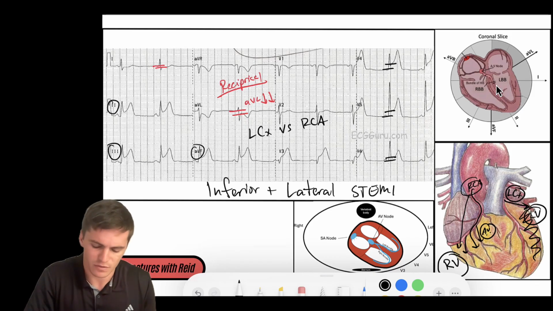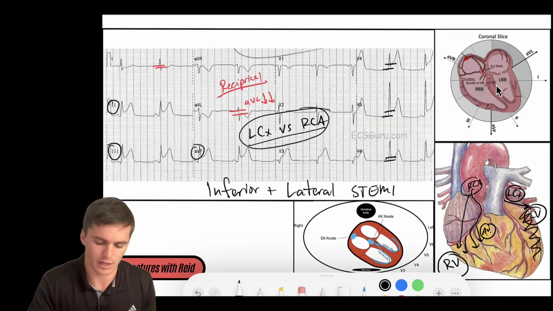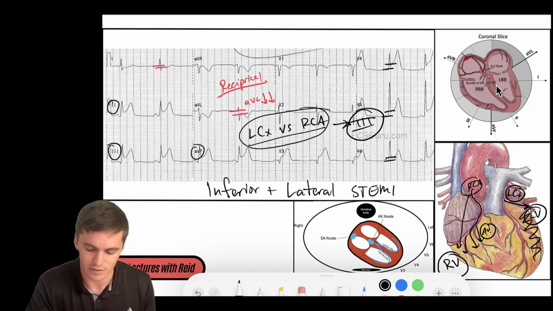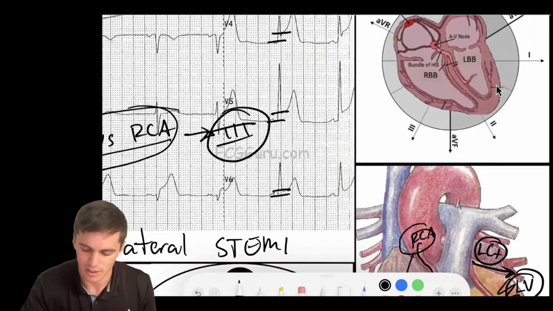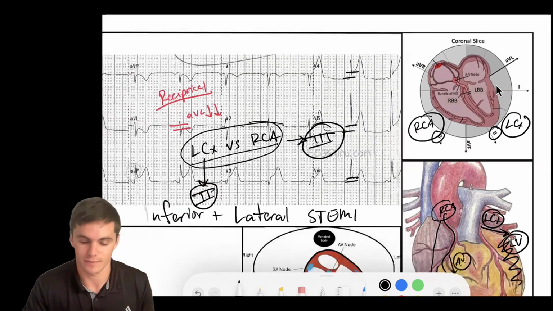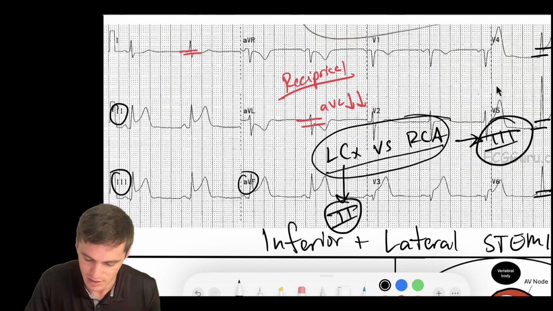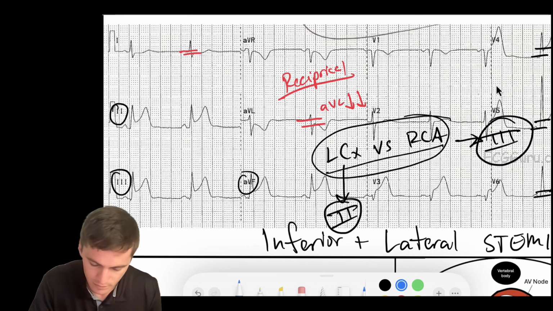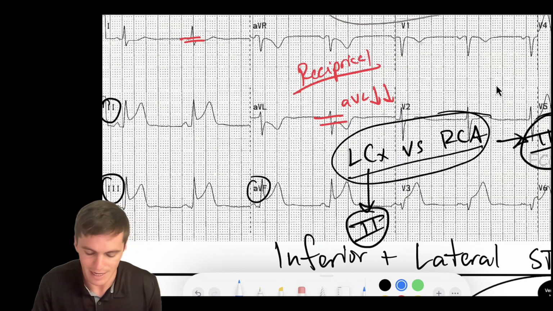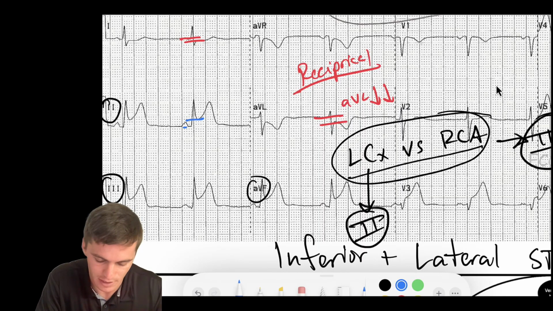So remember, left circumflex versus RCA, you can look at how leads 2, 3, and aVF relate to each other, right? With RCA occlusions, lead 3 should be the dominant ST elevation, and with left circumflex, lead 2, right? Because left circumflex is going to be more on this side, and right coronary artery is going to affect more on that side. Let's take a look and compare them, and you can see here that there is no massive difference in these ST segments, right?